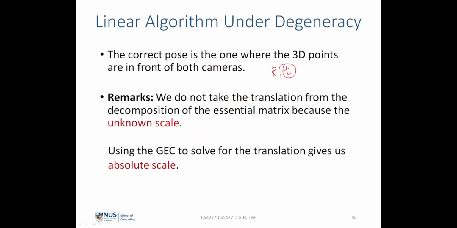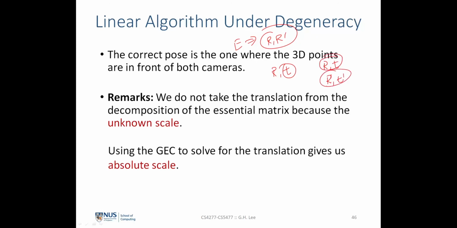Since we have R and R prime from the decomposition of our essential matrix, this means that we get two possible solutions, and for each one of these, R and R prime, we plug it into the generalized epipolar constraint to solve for t. This means that we have a set of a pair of solutions, which is R and t, and R prime and t prime.